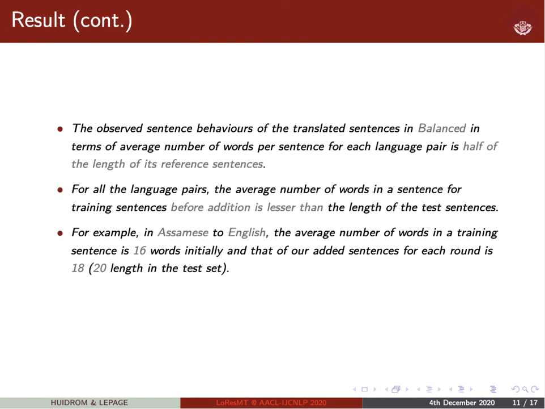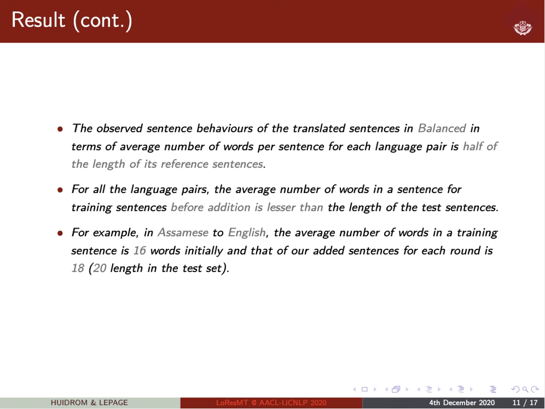Other things that we observed are the sentence behavior of the translated sentences in balance. In terms of average number of words per sentence for each language, it is observed that it is half of the length of its reference sentences. And for all the language pairs, the average number of words in a sentence for training before addition of more data is less than the length of the test sentences.